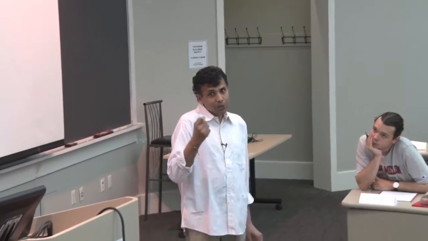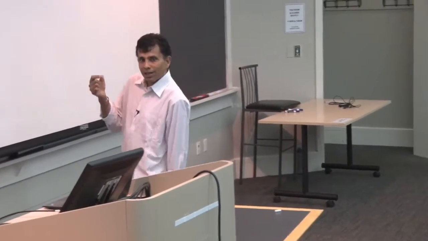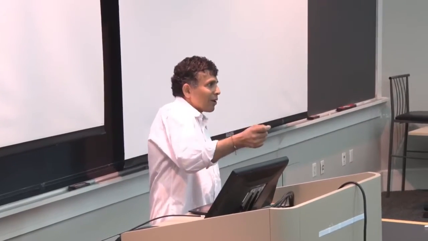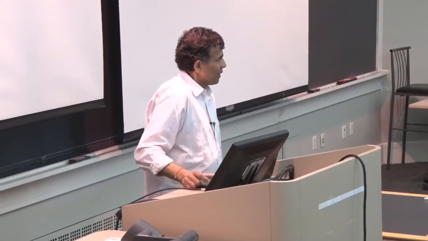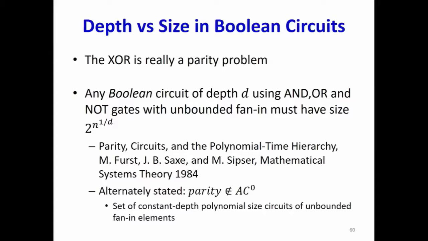So an XOR is a very, very delicate function. It's one bit that kills the function. That's why I'm using an XOR. It's an extreme case of some kind. Think about it carefully offline. If I just delete a bit from my input, then the output becomes wrong half the time. So the XOR, if you want to talk about it formally, is really a parity problem.